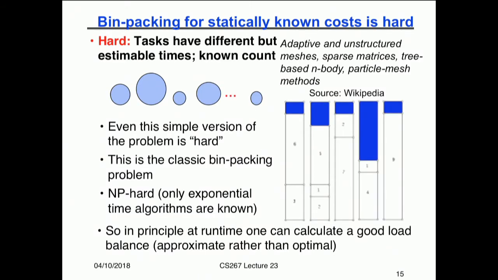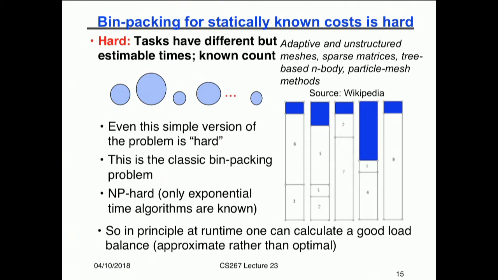Now, a harder case is where we have different size tasks, and we're trying to do what's called a classical problem in scheduling and in computer science called bin packing. So we're just trying to take these different tasks, which I'm now showing as rectangles, and put them into these p bins.